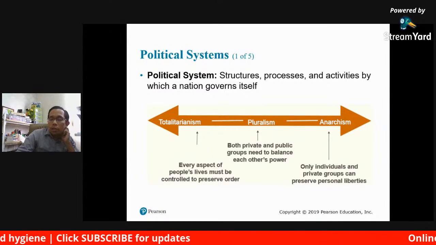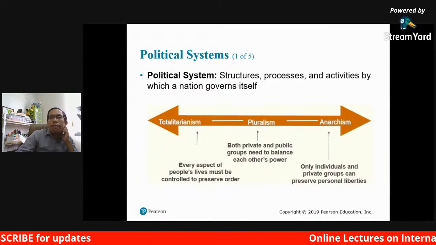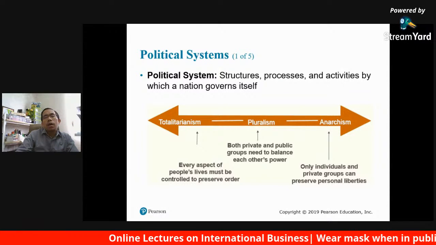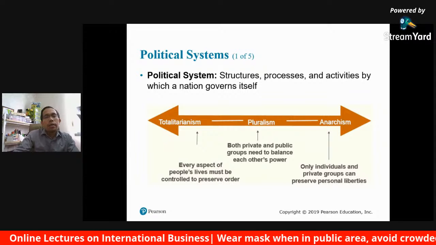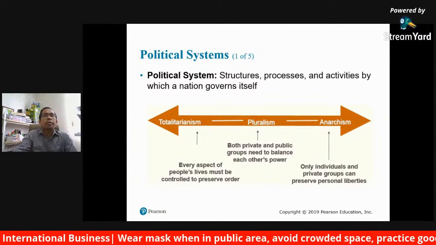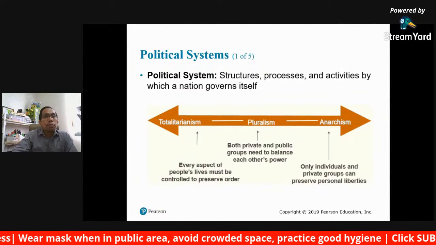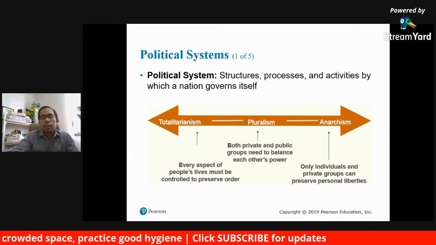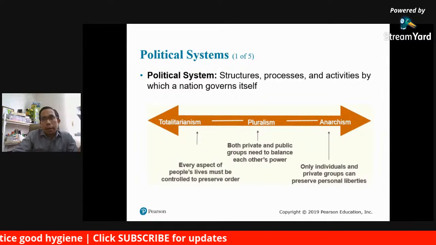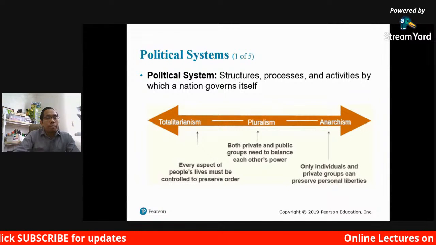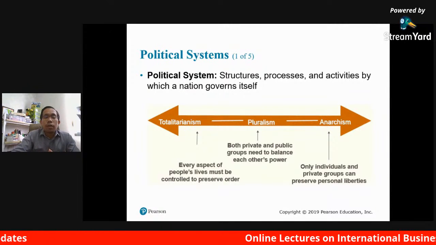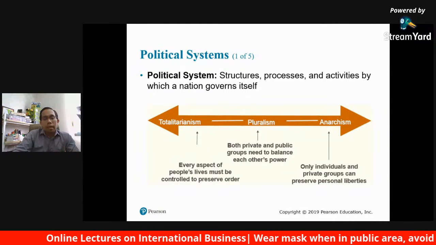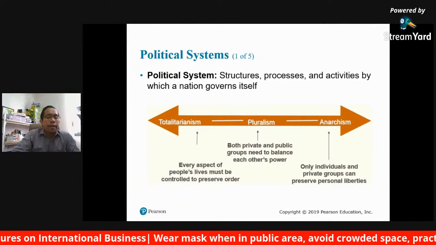How about totalitarian? Totalitarian upholds the leader's vision and gives less space to those who have different ideas and different opinions. An example of a country that is totalitarian is North Korea.